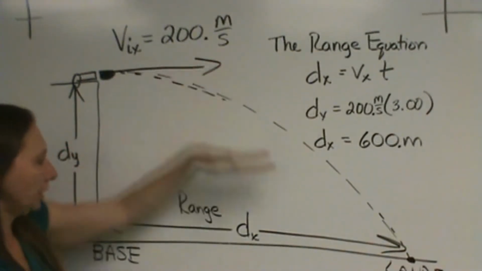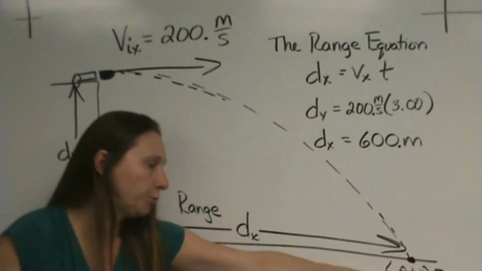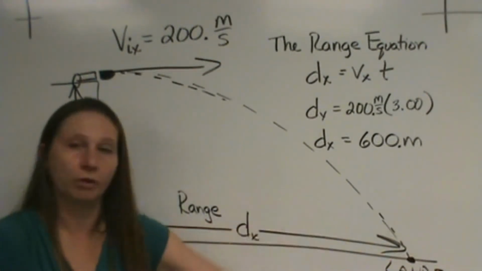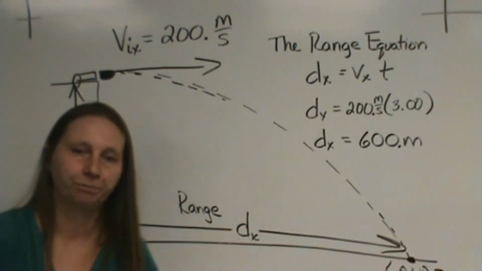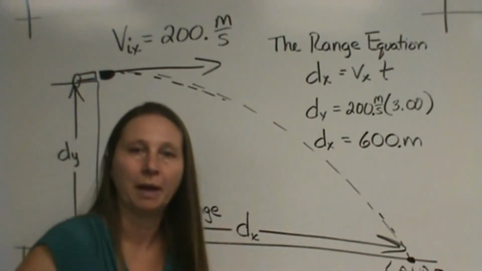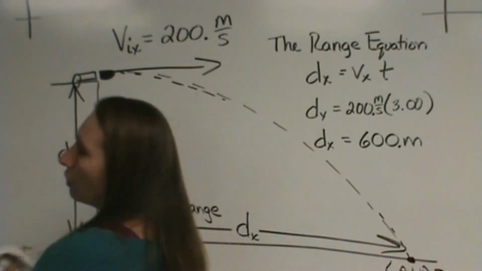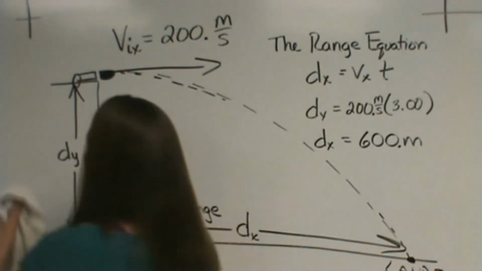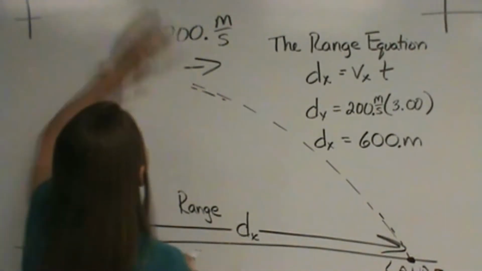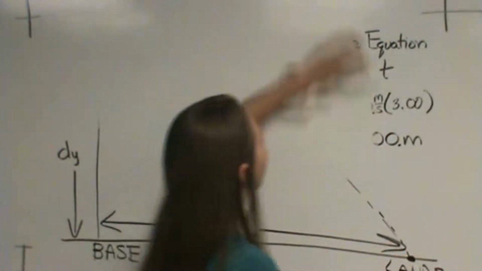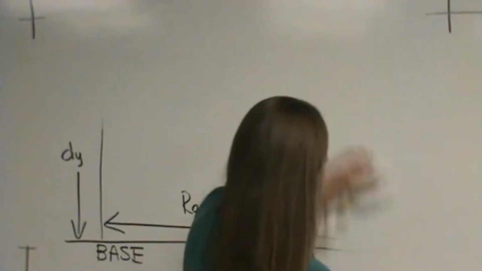Let's try a cannon fired from the top of a building. All right, so here's a building. There's the ground. Here are the windows of the building. And the cannon is pointed exactly that way, exactly horizontally.